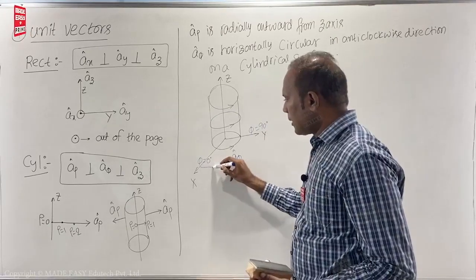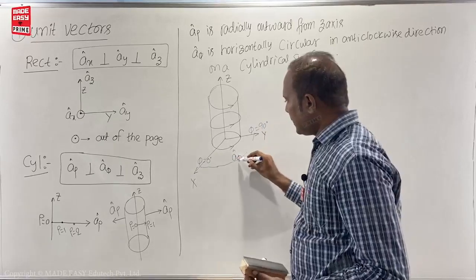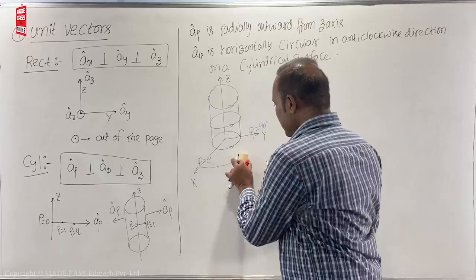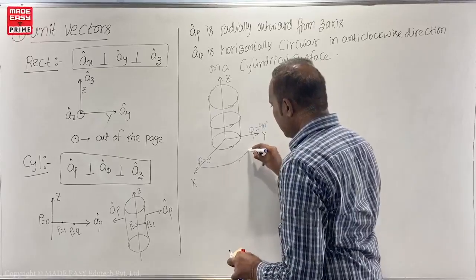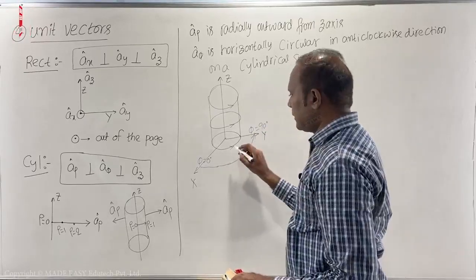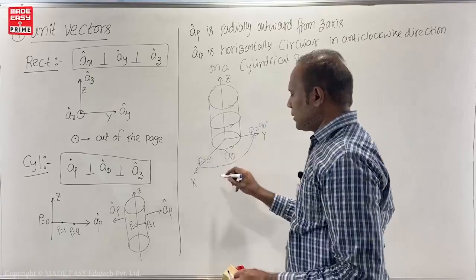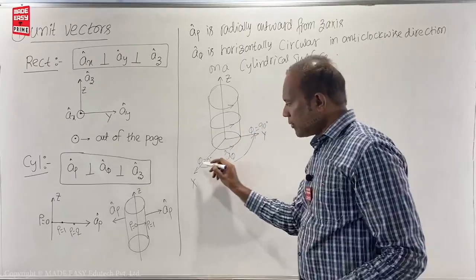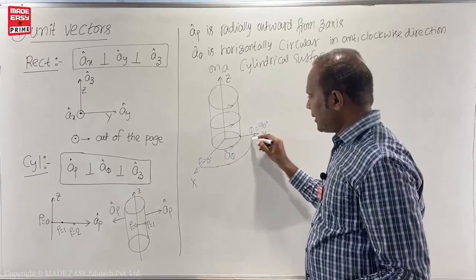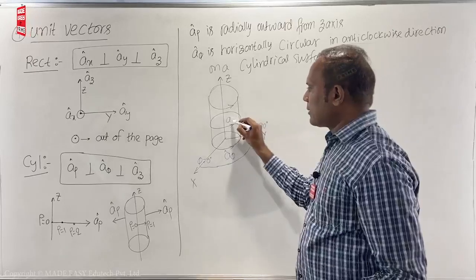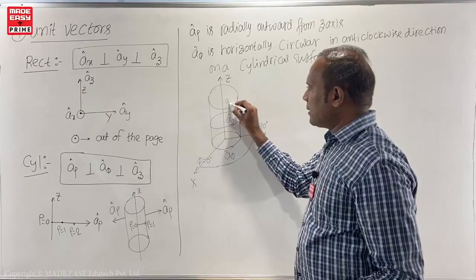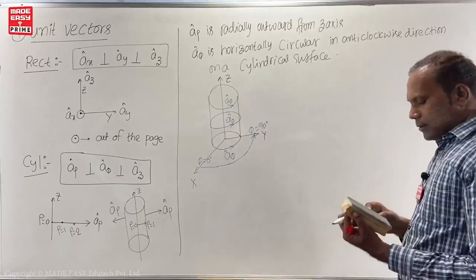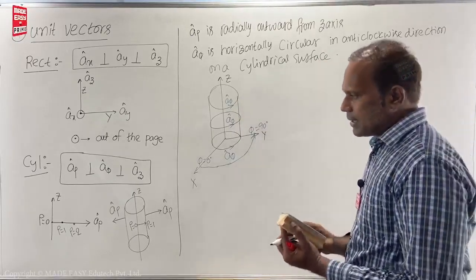On this circular line here, phi is increasing. So this one is called clockwise, and this one is called anti-clockwise. So this is also a phi cap, opposite will be minus a phi cap. So in this way, no need to discuss again.